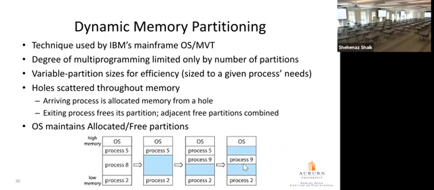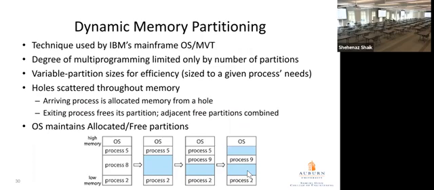Again we have a similar problem, though it is a slightly different kind, where we may have a hole between two different processes.